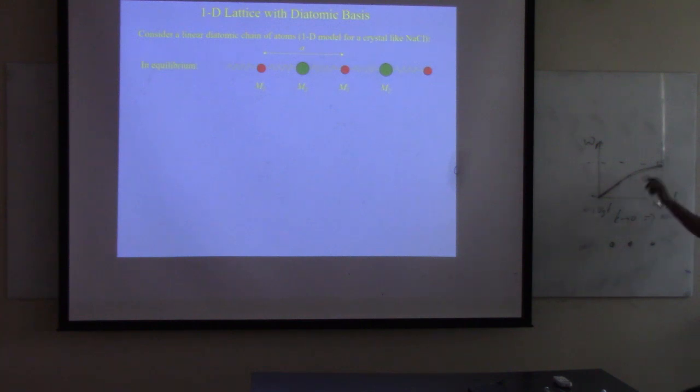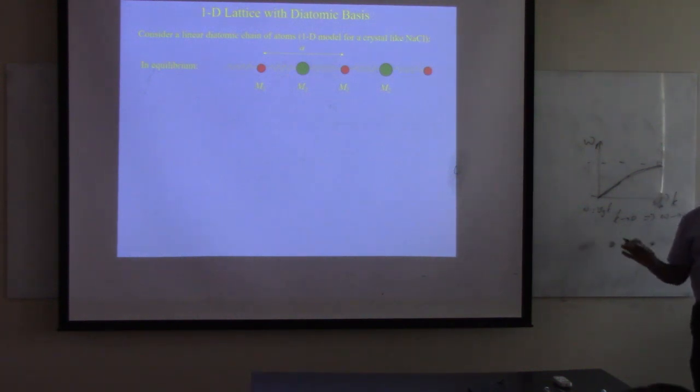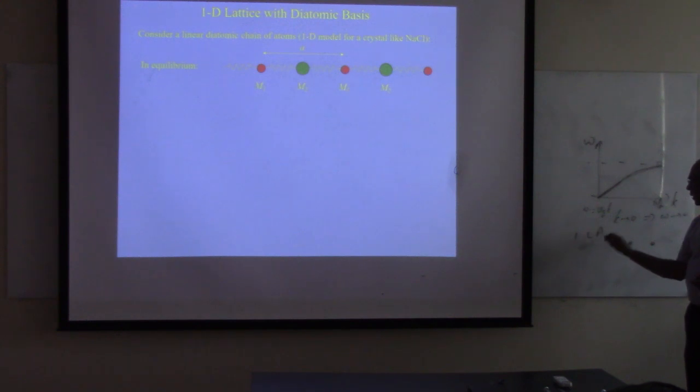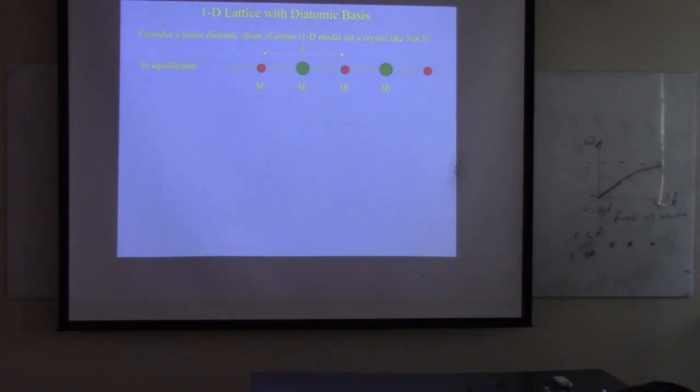Also you should remember how many of these acoustic modes you typically expect. Typically you get 3, right? From those 3 you have one longitudinal and two transverse ones. Sometimes the transverse ones can be degenerate, so you get one longitudinal acoustic and one transverse acoustic.